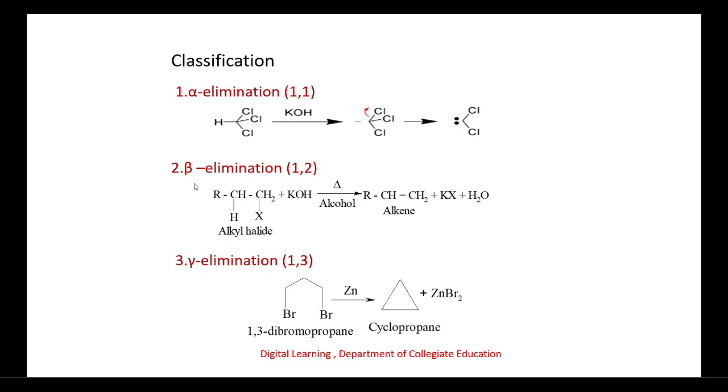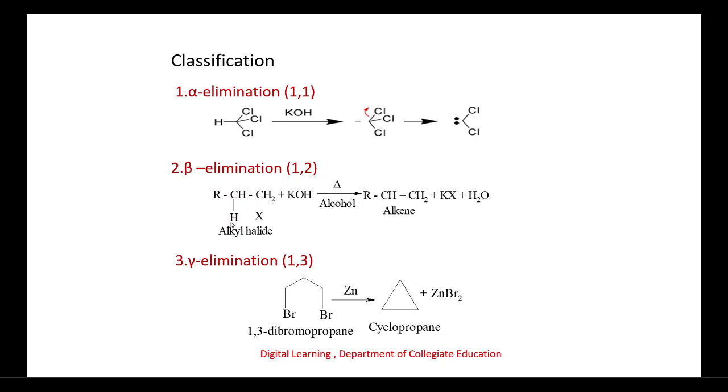Next, beta elimination. When the elimination takes place across successive or adjacent carbon atoms, we call it beta elimination. For example, an alkyl halide in the presence of KOH gives the alkene.